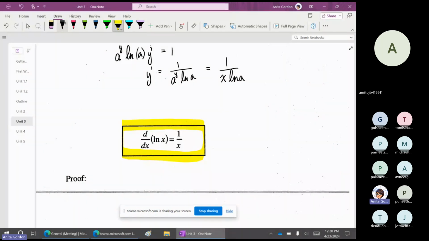This is the same as saying d by dx of log base e of x, which by this rule states that it will be x ln e, and log base e of e is just 1. Simplifies to this. Okay?